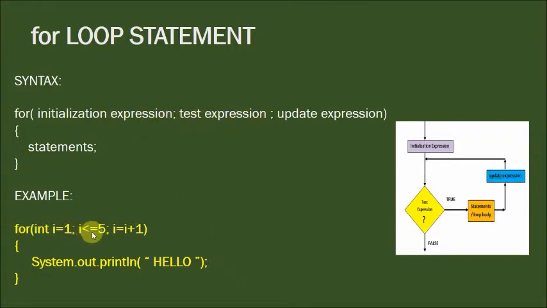Then i <= 5; semicolon i = i + 1, and within the opening and closing curly braces, System.out.println within the double quotes hello. So this statement is used to print whatever is written in double quotes on the screen. So this example will print hello 5 times on the screen. So let us understand in detail this example.